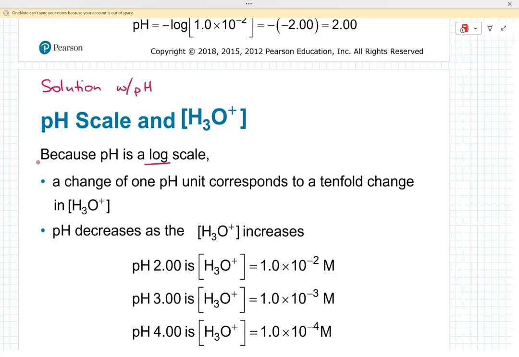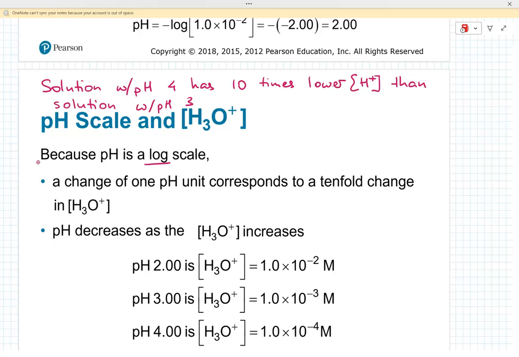A solution with pH 4 has 10 times lower concentration of hydrogen ions than a solution with pH 3. A change by 1 unit of pH means a tenfold change in terms of the actual molar concentration.